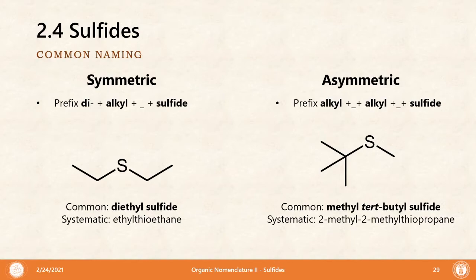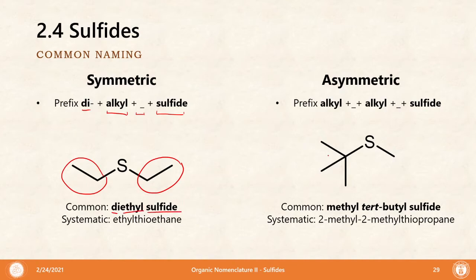So sulfides also have common names, and much like ethers, they have symmetric and asymmetric methods for naming sulfides. For symmetric sulfides, we do the same, two words using the alkyl group that's connected, and separating with a space, we add sulfide. So here we have two ethyl groups, and so we name it diethyl sulfide.